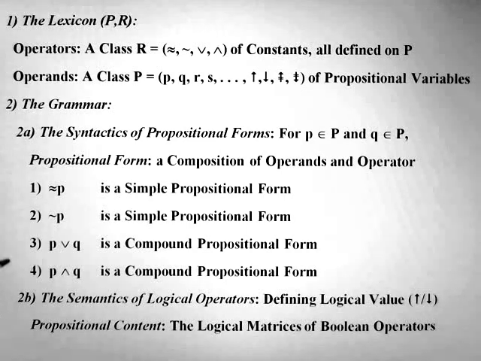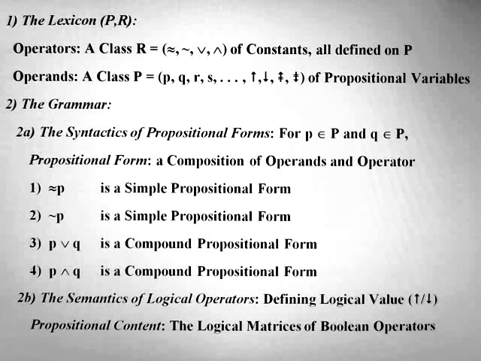With respect to the next 2 operators, they will require 2 propositional variables in order to create a new propositional form. And the way they are used is basically we set one propositional variable to the left and the other propositional variable to the right for both disjunction and conjunction, and those are legitimate compound propositional forms. Because of the requirement of 2 propositions here, we say that these are dyadic or binary relations.